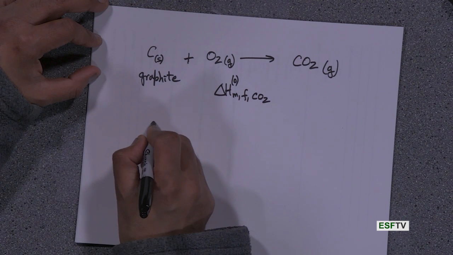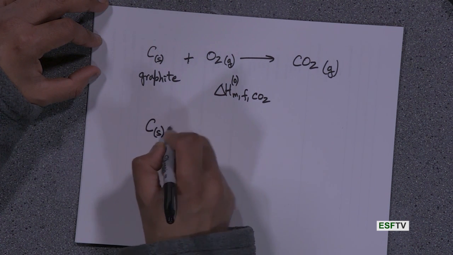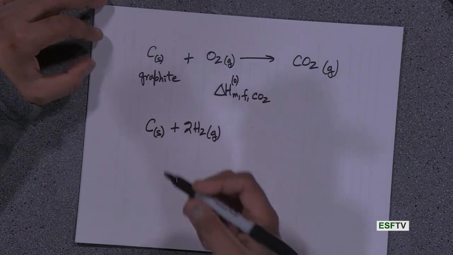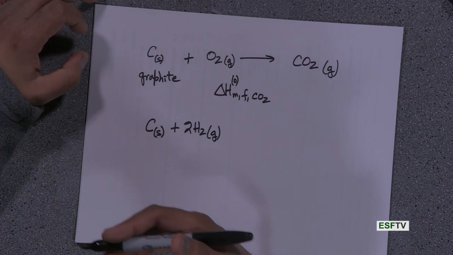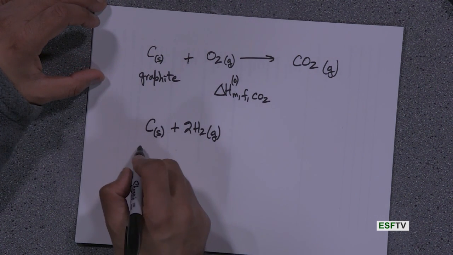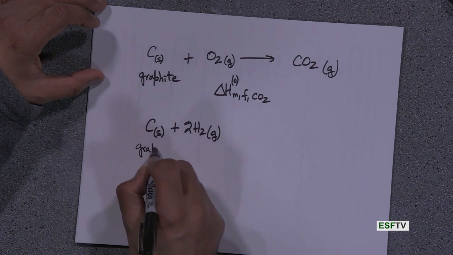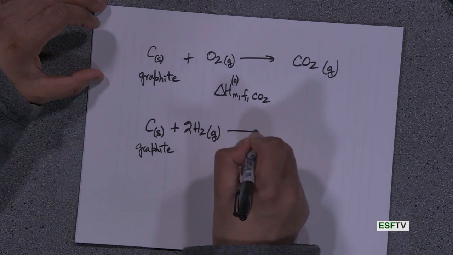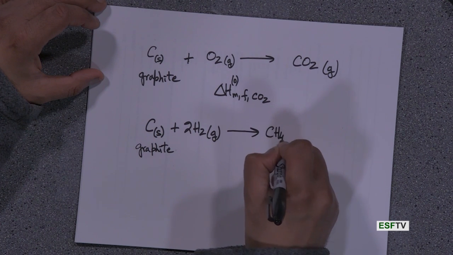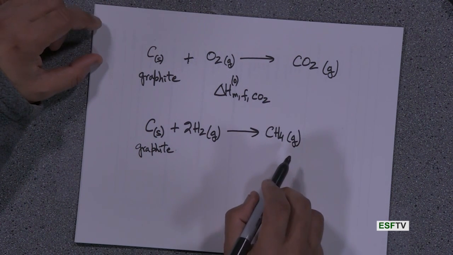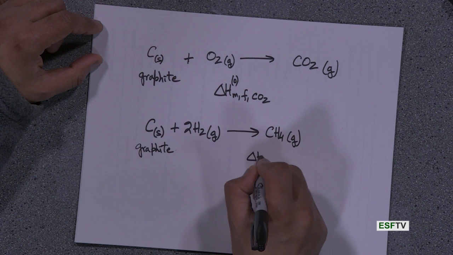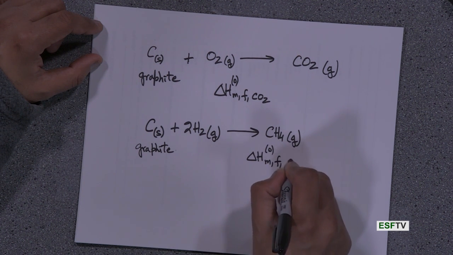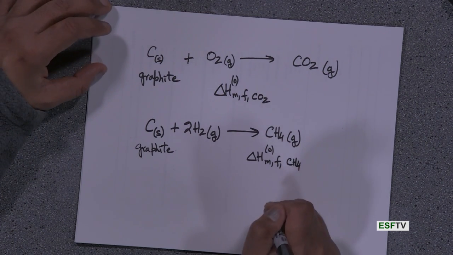How about for methane? Carbon solid plus 2 hydrogen gas, because in the standard state, remember, pressure is 1 atmosphere, temperature is 298 Kelvin. Under those conditions, the stable form for carbon is graphite, hydrogen is stable in the gas phase, that goes to CH4 in the gas phase. That would be delta H per mole formation for methane.